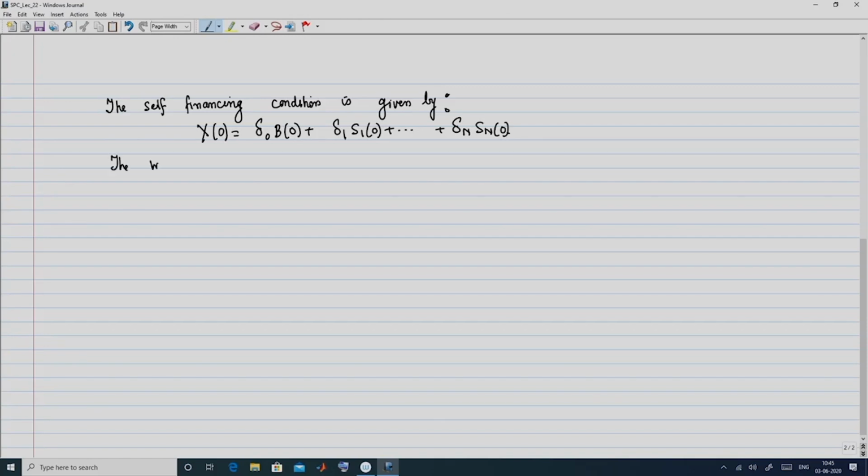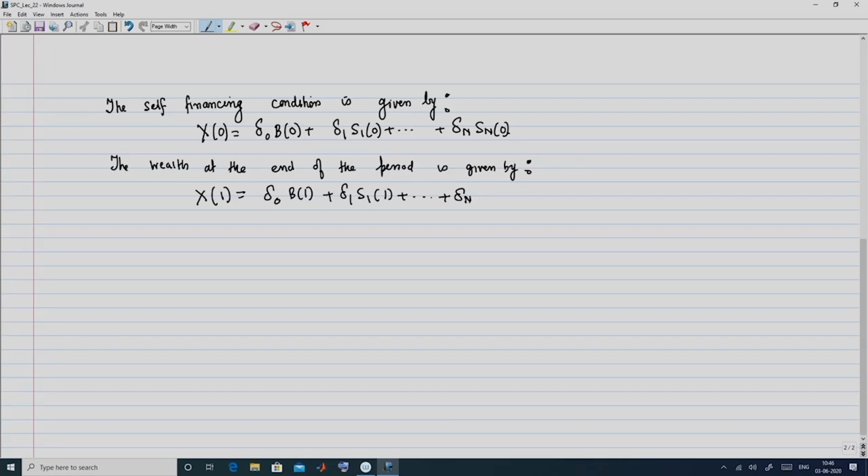And the wealth at the end of the period is given by x of 1 is equal to delta naught B of 1 plus delta 1 S1 of 1 all the way to delta n Sn of 1.